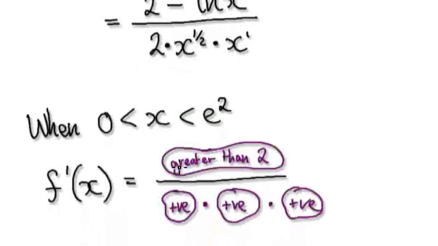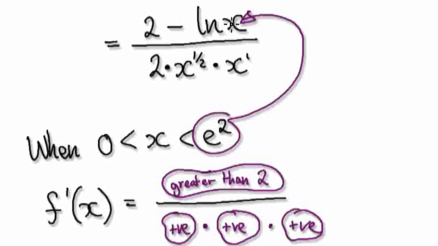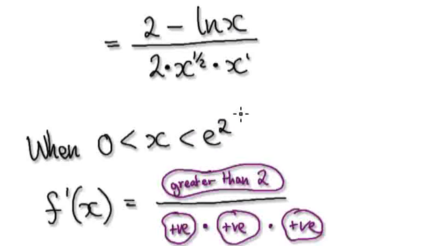So in the region of x being greater than 0 but less than e squared, when you put e squared into here, hang on, let me think.